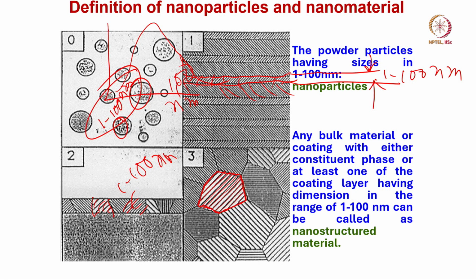Along these planes atoms are placed, and if you go from one grain to another grain, the atoms along the lattice planes are oriented differently. So, within a grain, lattice orientation is the same. Across the grain, lattice orientation changes, and this area of misorientation is called the grain boundary.